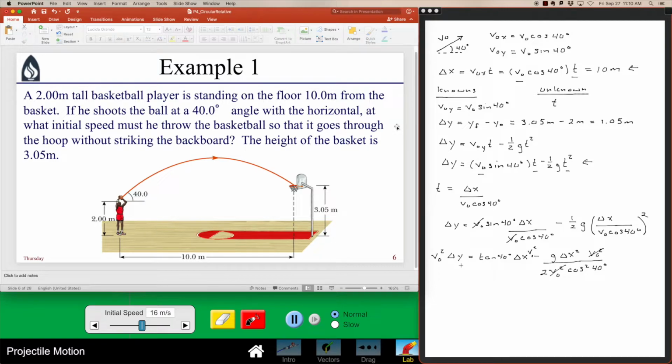So I'll subtract this term from both sides, which will give me V naught squared delta y minus V naught squared times the tangent of 40 degrees times delta x is equal to minus g times delta x squared divided by 2 times the cosine of 40 degrees squared.